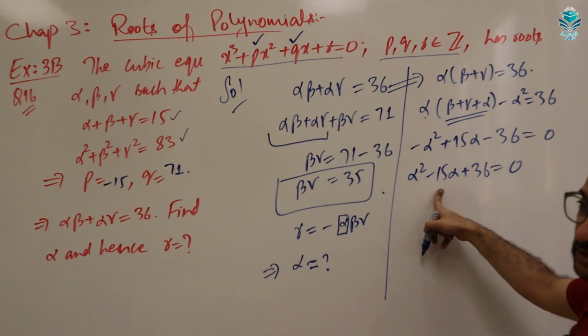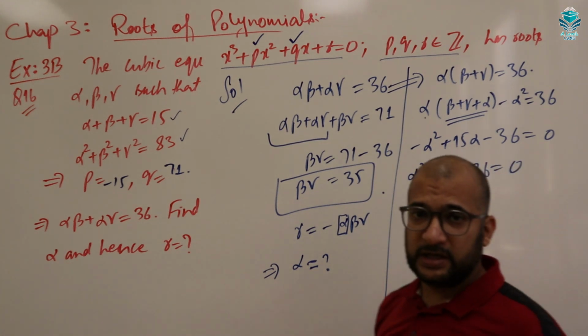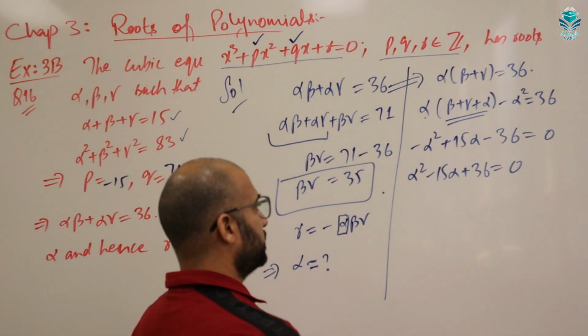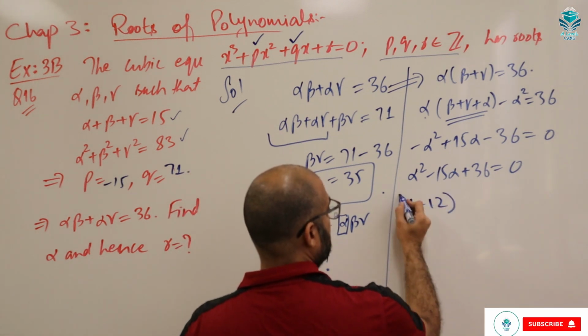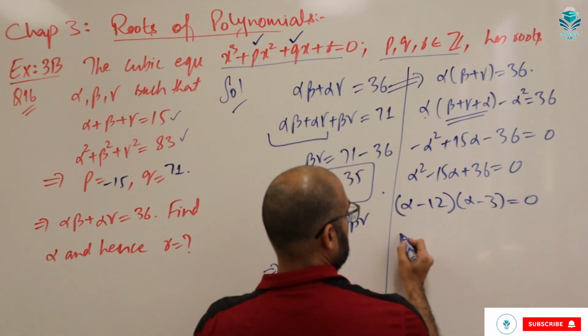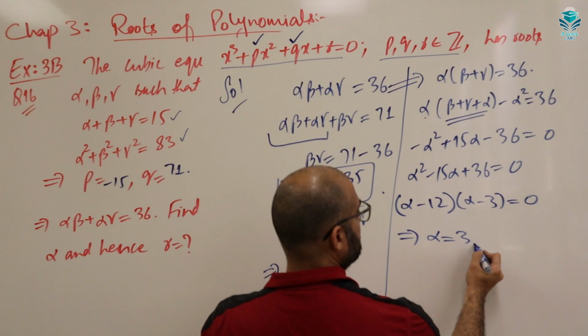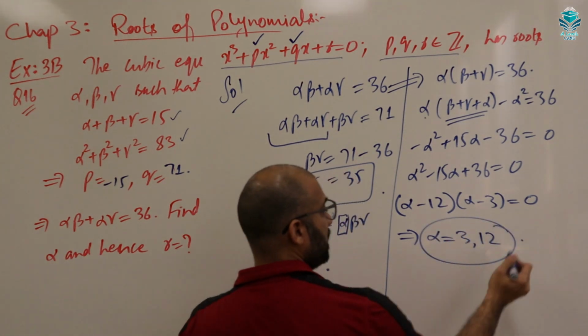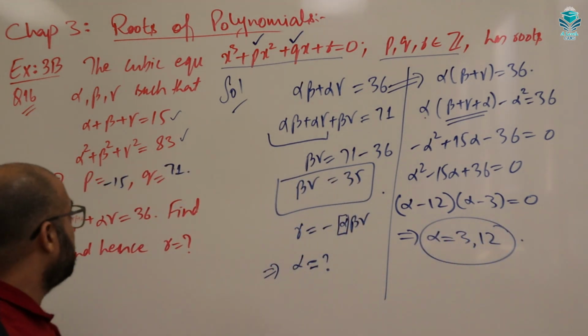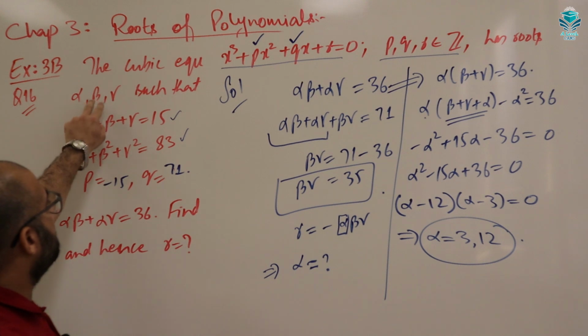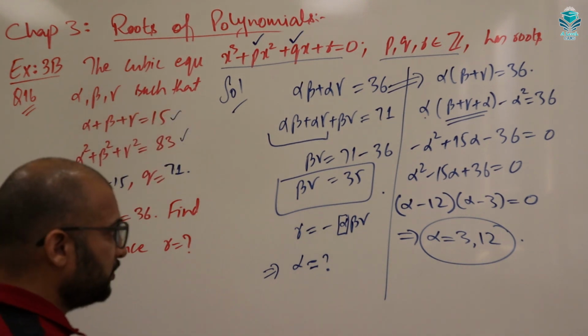You have 36, so it means 12 and 3 are the factors for this. So you can write, implying alpha is 3 and 12. You have two possible values of alpha where these alpha, beta and gamma roots are real values.